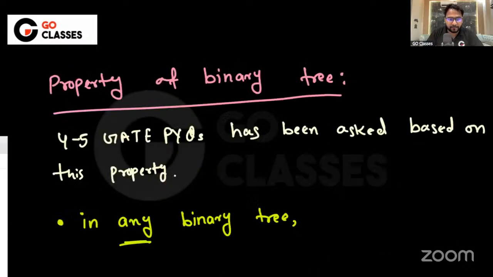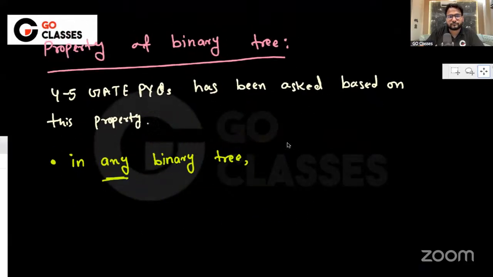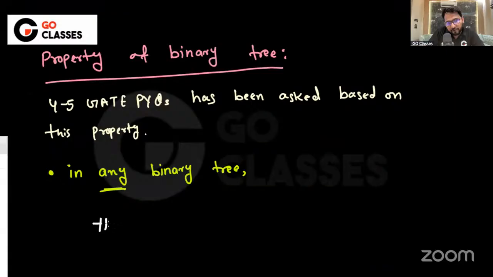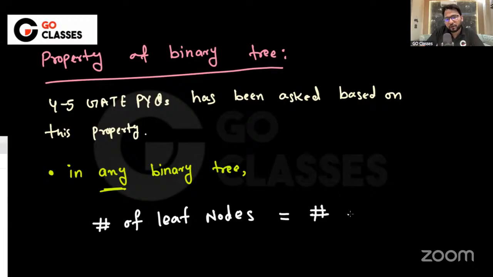In any binary tree, the number of leaf nodes is equal to the number of degree 2 nodes plus 1.